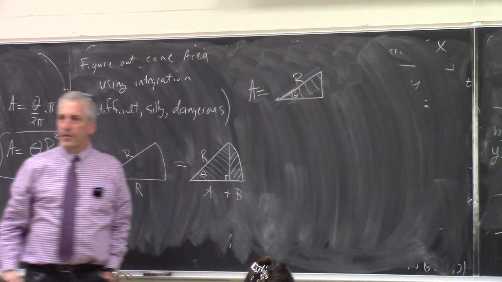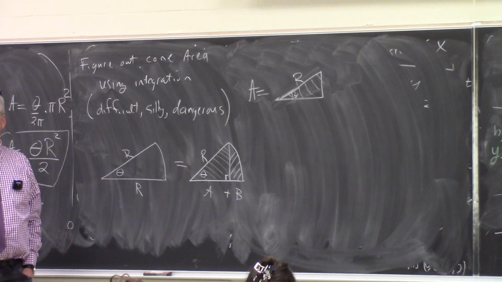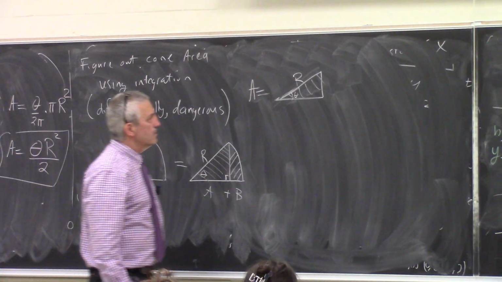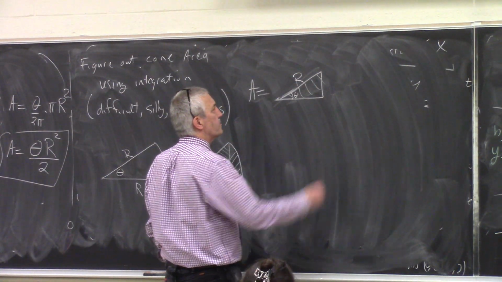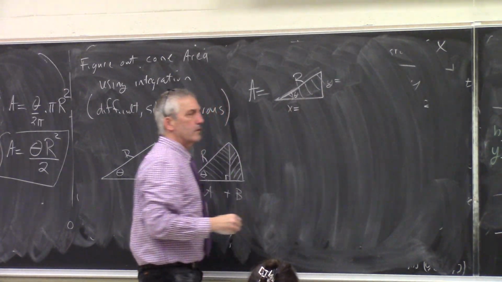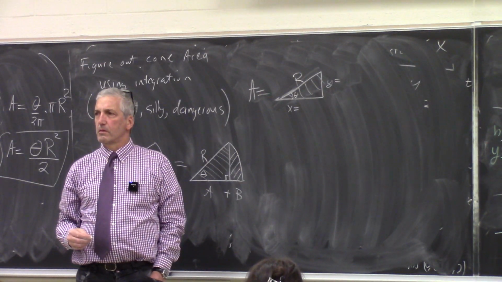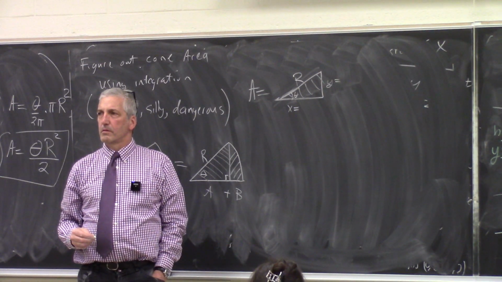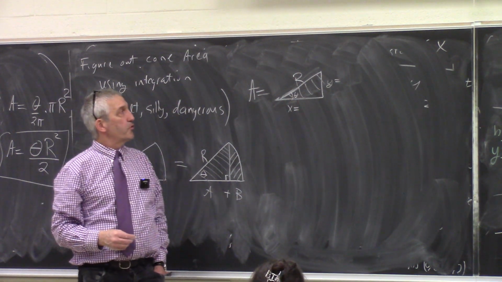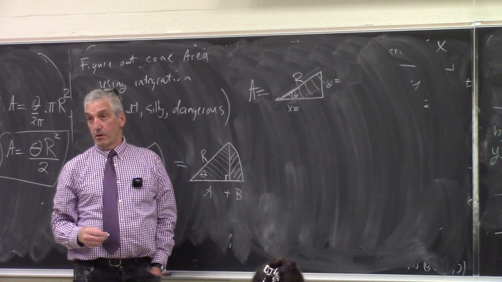So how do I get that area? First of all, what's this y and what's this x? What's the relationship between y and r and theta?